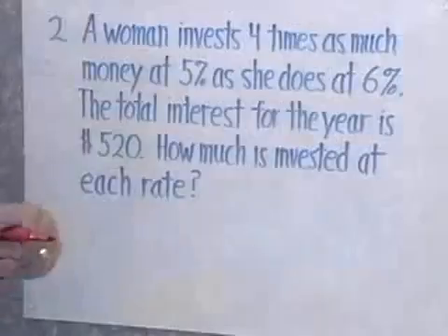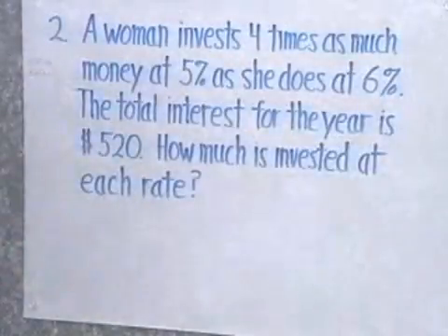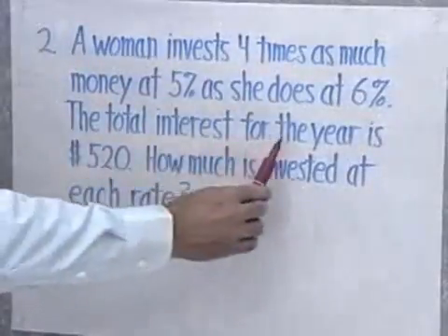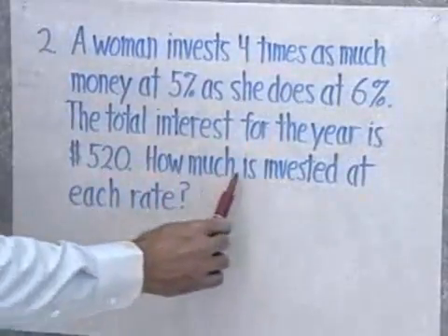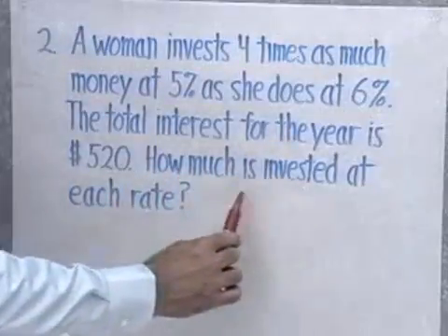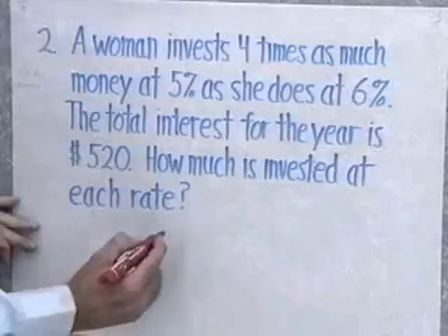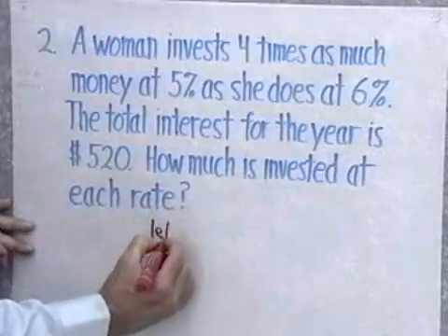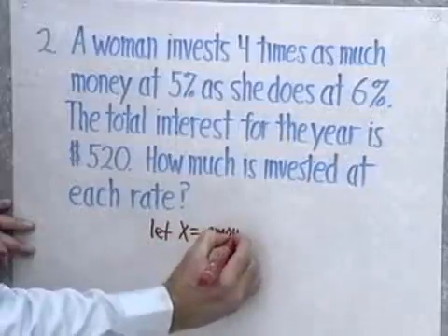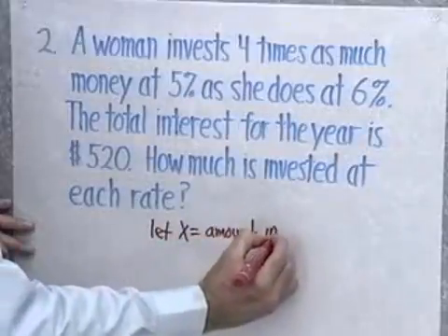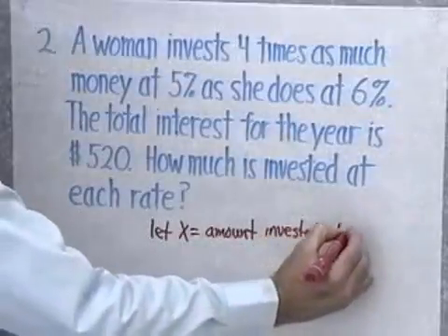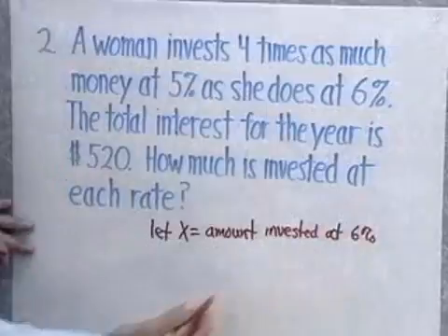Let's look at our second one. A woman invests 4 times as much money at 5% as she does at 6%. The total interest for the year is $520. How much is invested at each rate? So we want to know how much money is invested at each of the two rates. So I'm just going to say, let x equal the amount invested at 6%.